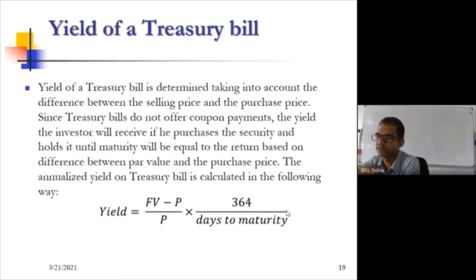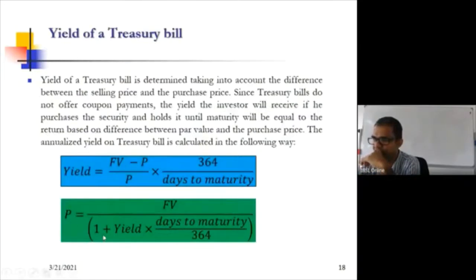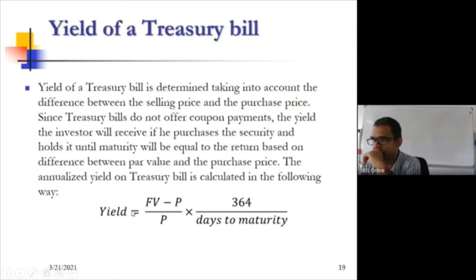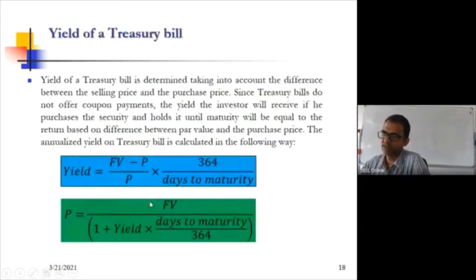If we know the yield, we can calculate the price, but this is to calculate the yield if you know the face value and price. It is nothing but for the discount we write FV minus P. That's where we started to get this equation.